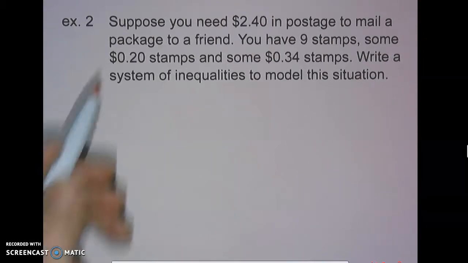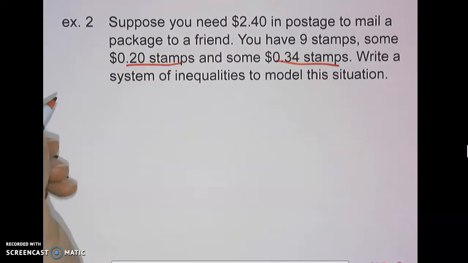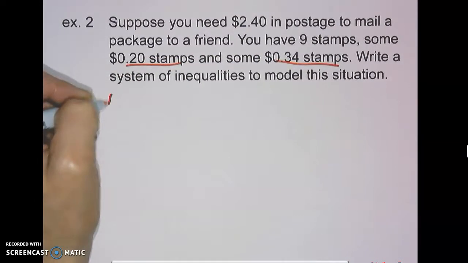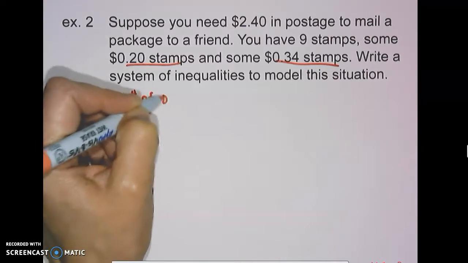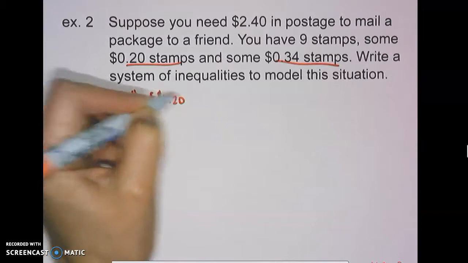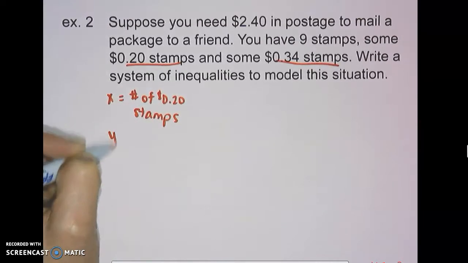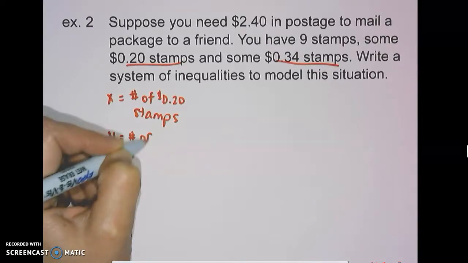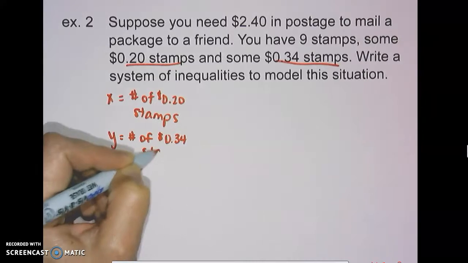Well, they talk about 20-cent stamps and 34-cent stamps. So those are going to be our two variables. So we'll say X equals number of 20-cent stamps and Y equals number of 34-cent stamps.